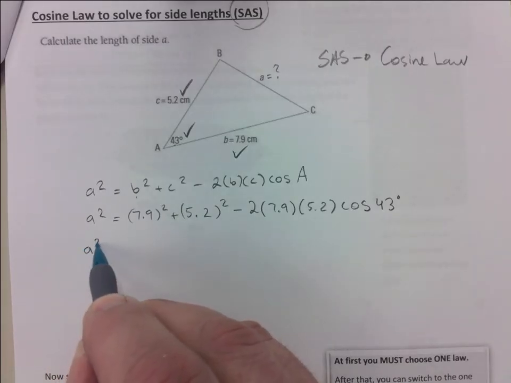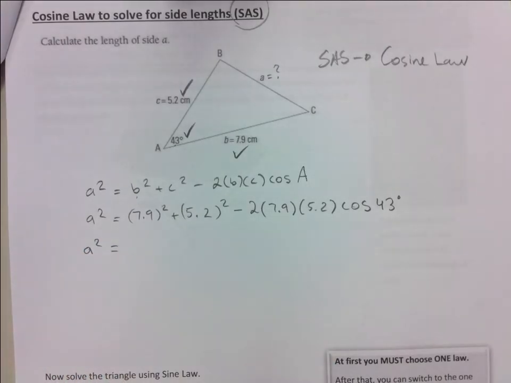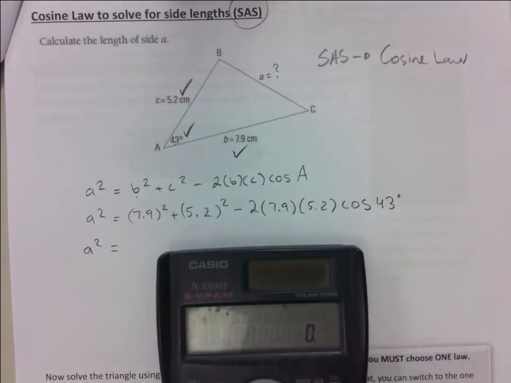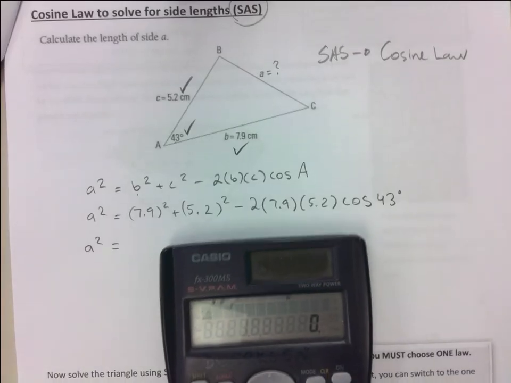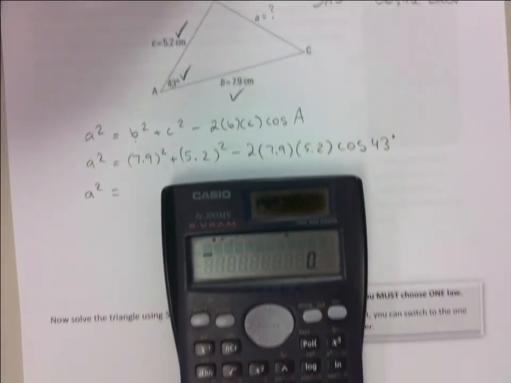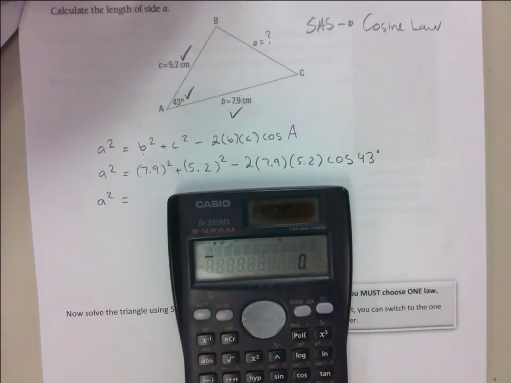And watch this. If you have a good calculator, like a two-line calculator, you can just do this in one shot. I really want you to do that if you have a decent calculator. This is the one unit where it's going to pay off to buy your own calculator.